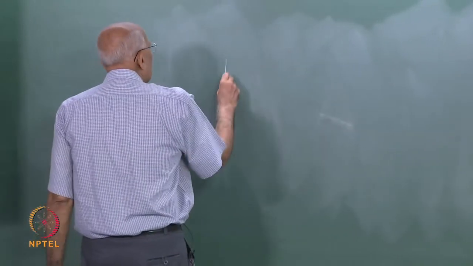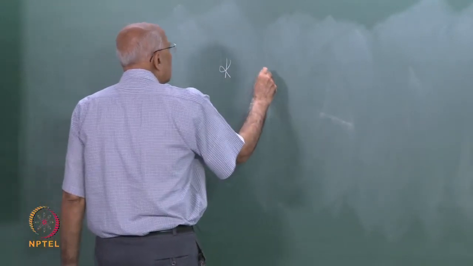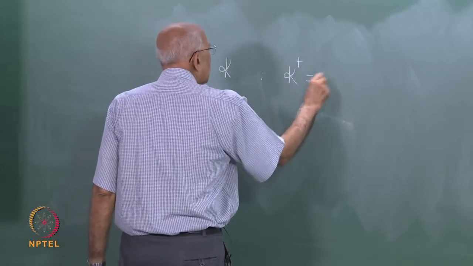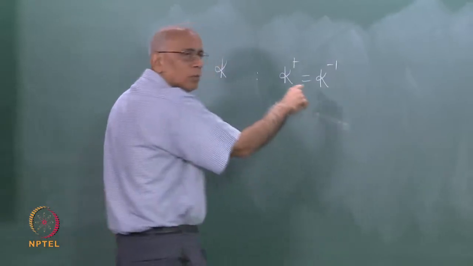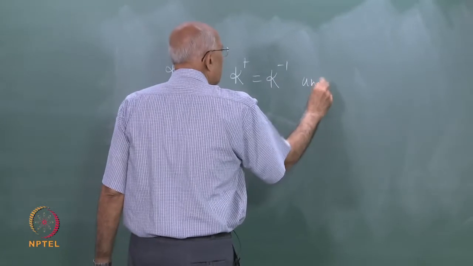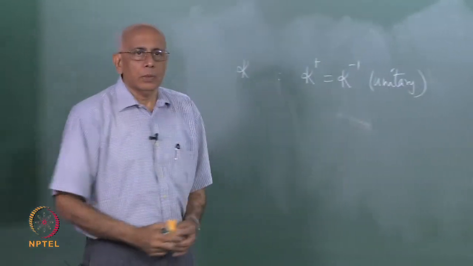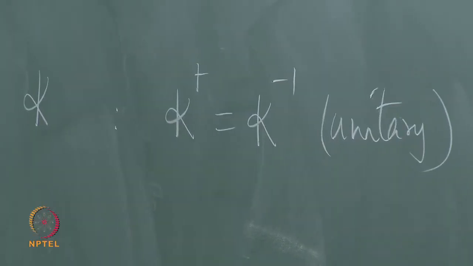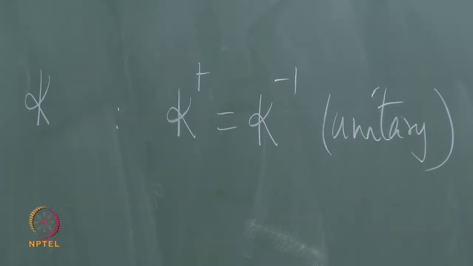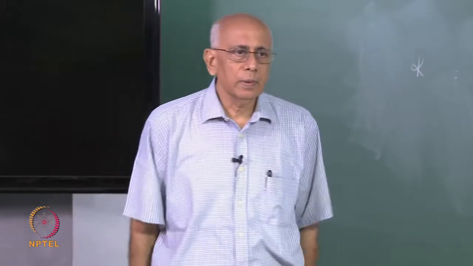So let us establish the unitarity of this Fourier transform operator. I recall to you that if you have an operator k, then by unitary I mean k dagger should be equal to k inverse. So I need a unique inverse. I need k k dagger equal to k dagger k equal to the identity.